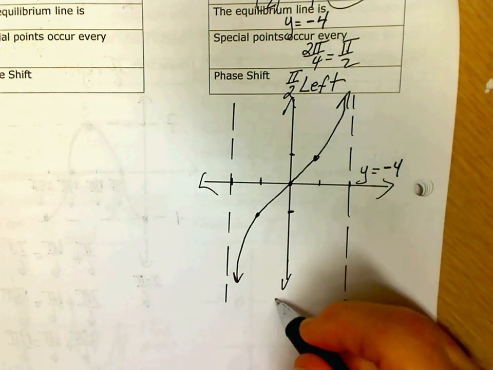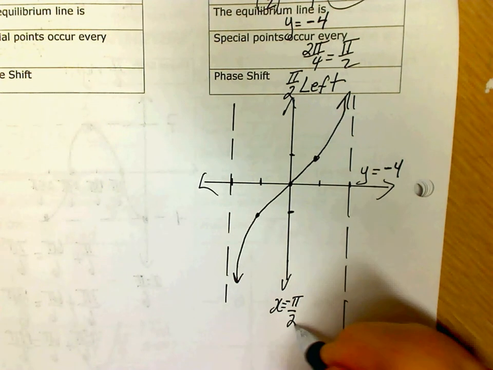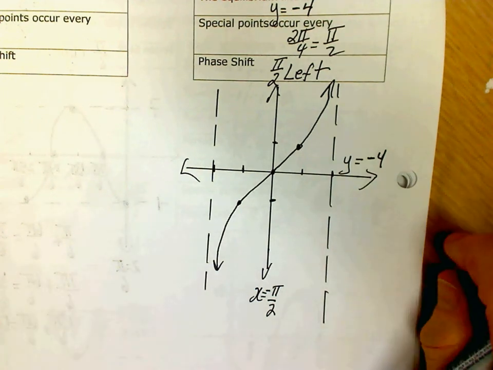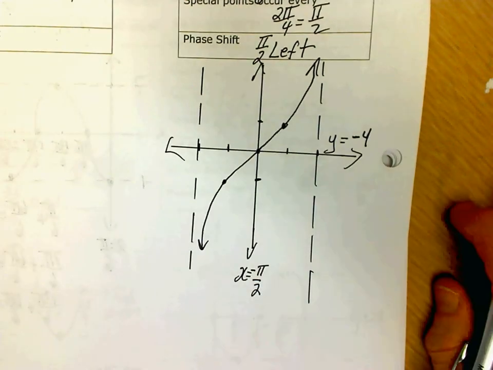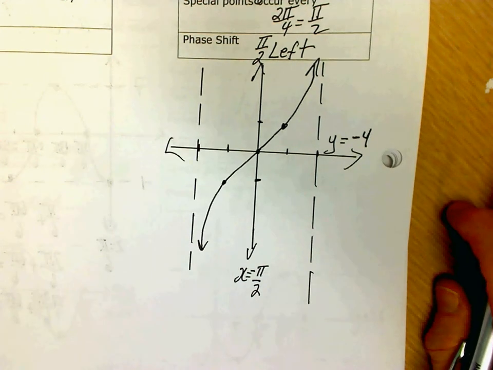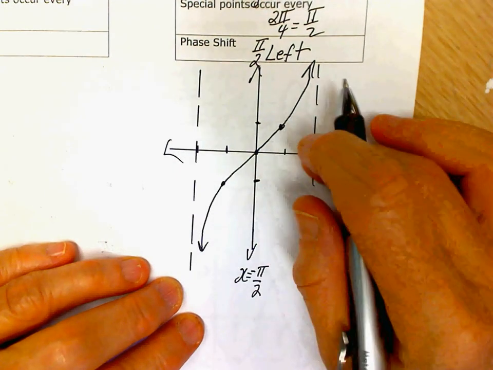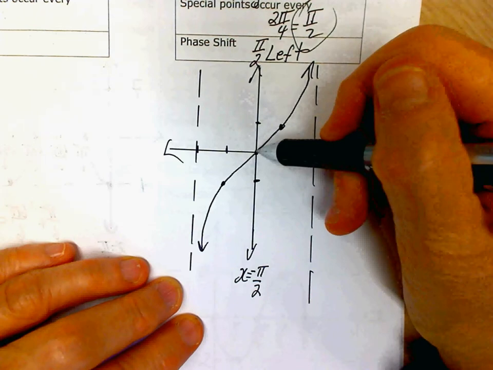Because there's a horizontal shift pi by 2 to the left. Okay, so for the ones on the right, we add pi by 2 because special points are every pi by 2. The ones on the left, we have to subtract pi by 2. So we'll go -pi by 2.